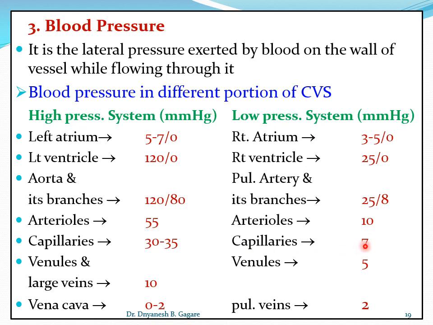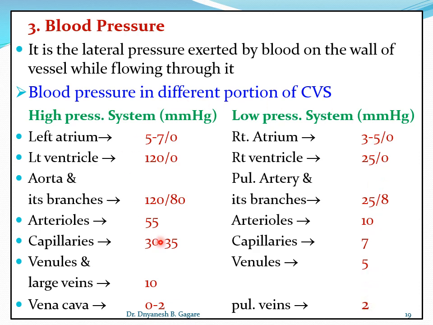In pulmonary capillaries, the mean pressure is 7, while in capillaries of systemic circulation, the mean pressure is 17, but here the mean pressure is 7 only. In venules, it decreases to 5, and in pulmonary veins, it decreases to 2 millimeters of mercury.